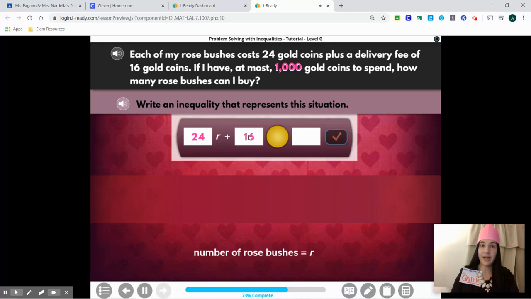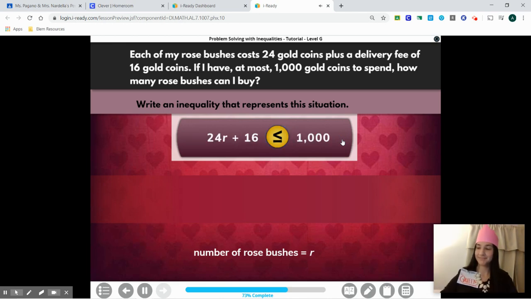If I have at most 1,000 gold coins to spend, so 1,000 was our total, how many rose bushes can I buy? Now we need to figure out the inequality symbol. We know that 1,000 is the largest number we can have. So we need our total to be equal to 1,000 or less than 1,000, which means we need less than or equal to.